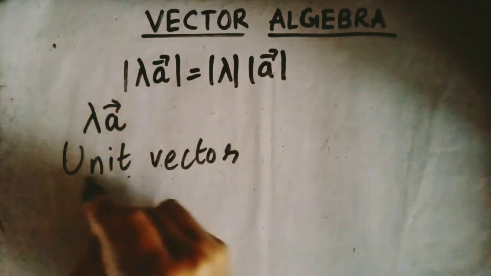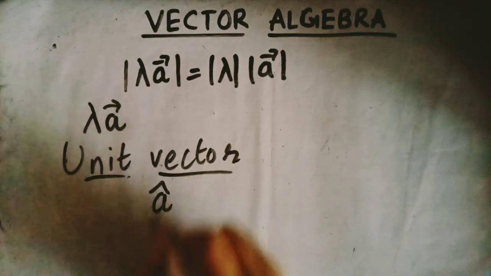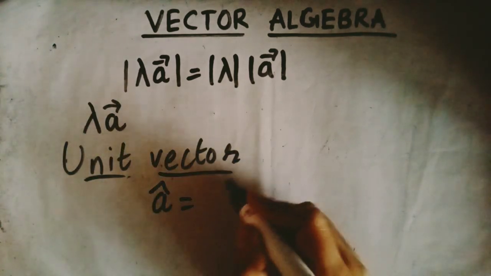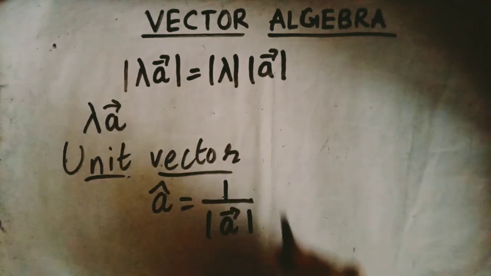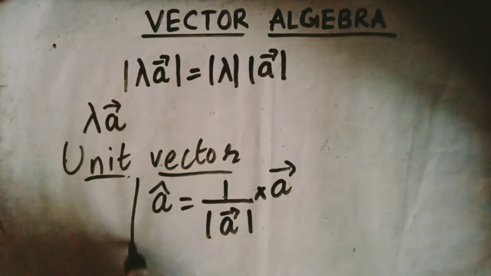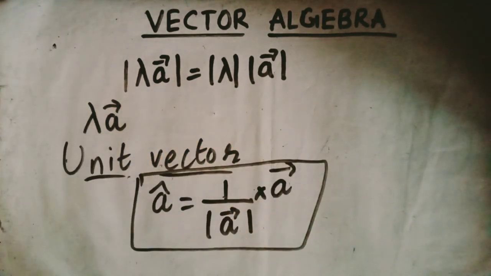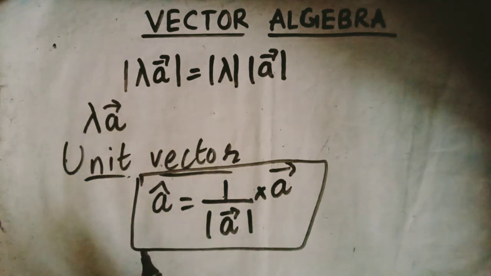Unit vector, we have seen in the types of vectors, is represented by A cap, right? So A cap is given by 1 upon magnitude of A into A vector. So this is your unit vector. So whenever you are asked to find a vector in the direction of A, at that time you have to find the unit vector, and multiply it by lambda, that is a scalar.